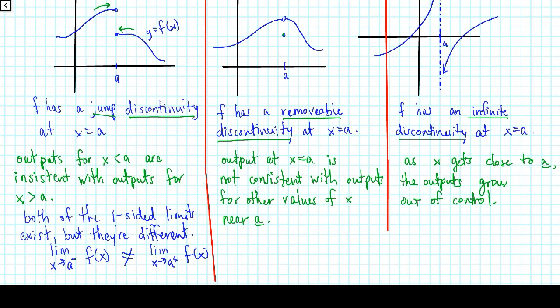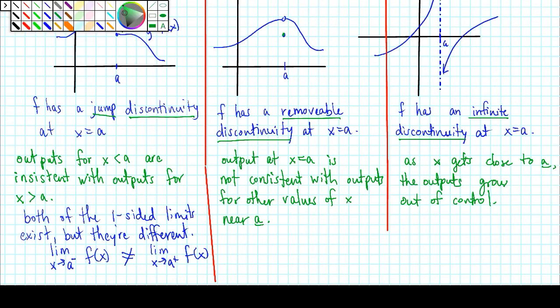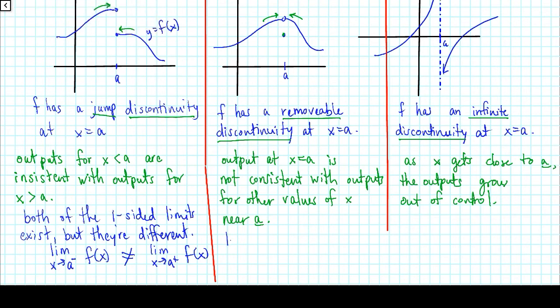What we have in the removable discontinuity picture is that both the left-hand limit and the right-hand limit exist, and they are the same, but they are different from the value of f at a. So the limit as x approaches a of f of x exists as a two-sided limit, but it does not equal f of a.